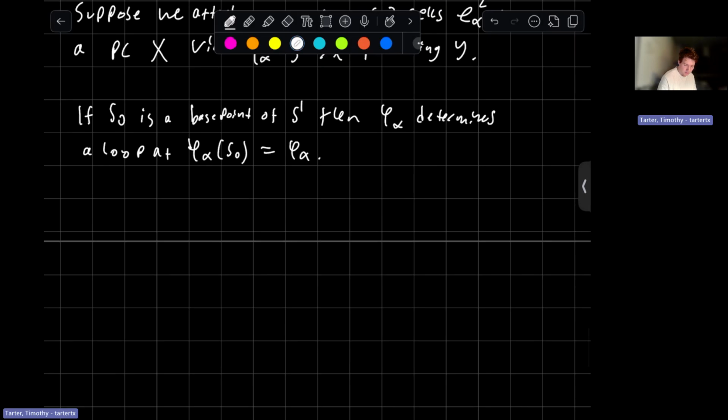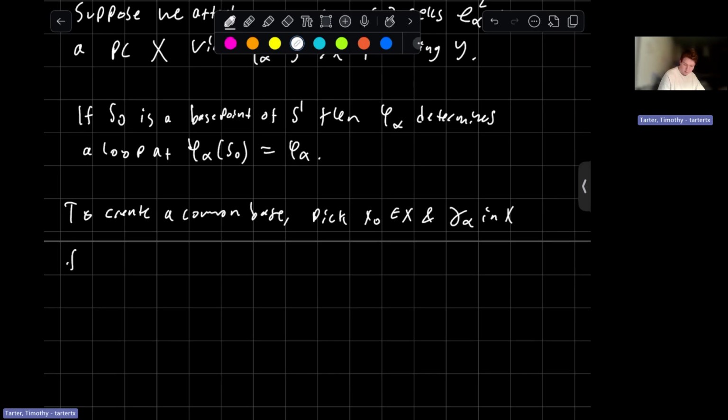For different alphas, the base points of these loops may not all coincide. To remedy this, to create a common base point, pick x_0 in X and gamma_alpha in X from x_0 to phi_alpha of s_0, for each alpha.